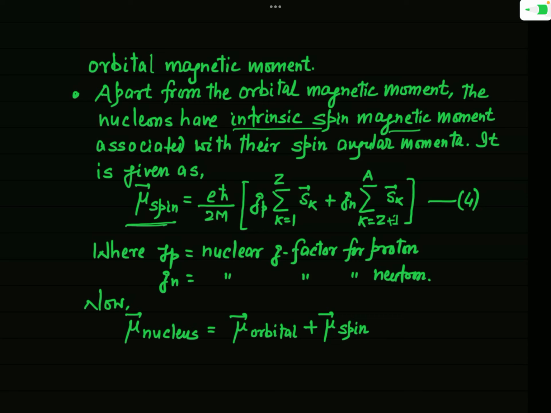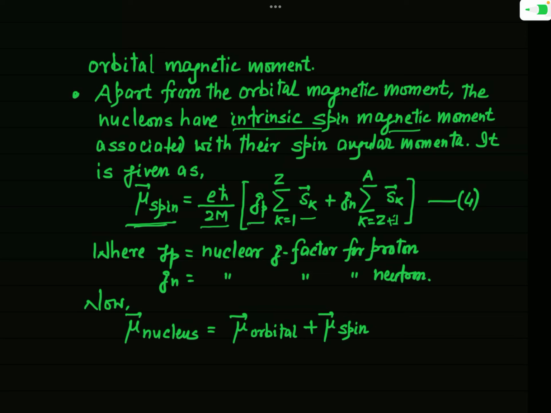So the expression for mu spin will be what? e h bar over 2m will be a common factor, and first of all we will write the term for the spin magnetic moment due to the proton. So I have written here gp, which is the nuclear g factor for the proton, and summation over k from 1 to Z of Sk.